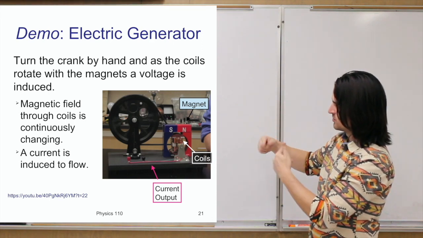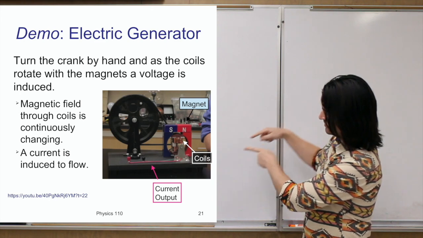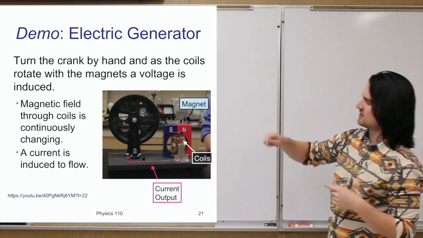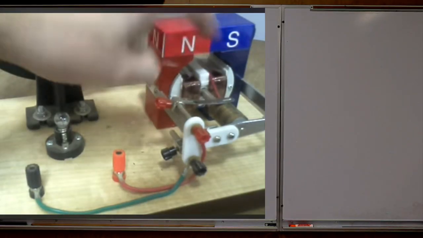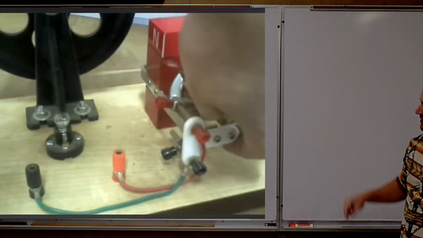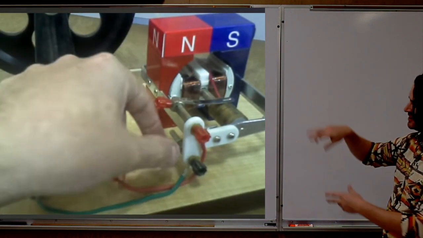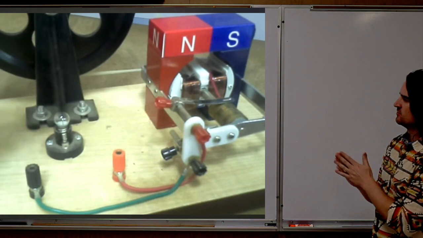So all we're doing is spinning coils of wire inside a magnet, and the ends of the coil are connected to these leads, to this other wire. It goes out and connects to a light bulb. So as you spin that thing, you're going to start to see the light bulb light up. Right now it's pointing out to where the coil of wire is, and it can rotate. The connection is a little bit more complicated than just connecting to the leads, because you have to have little contacts that can move a little bit.